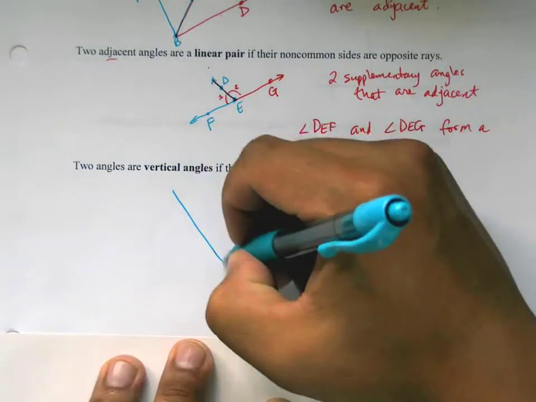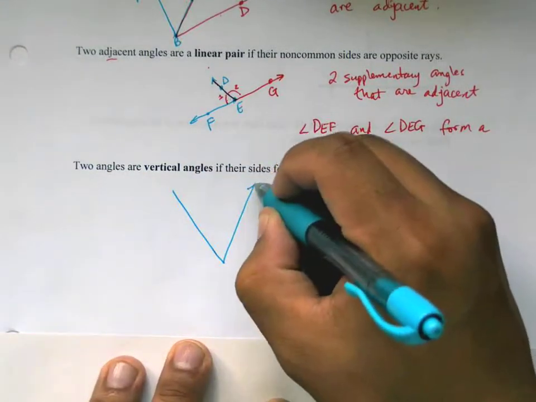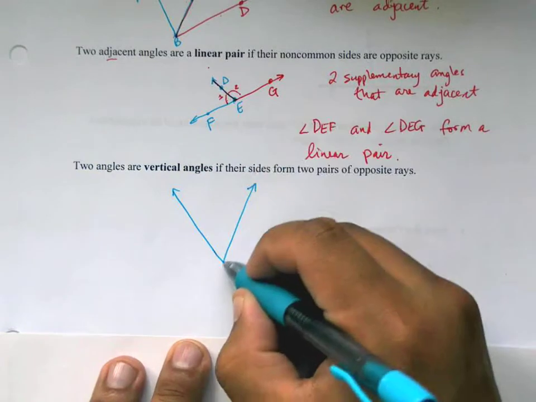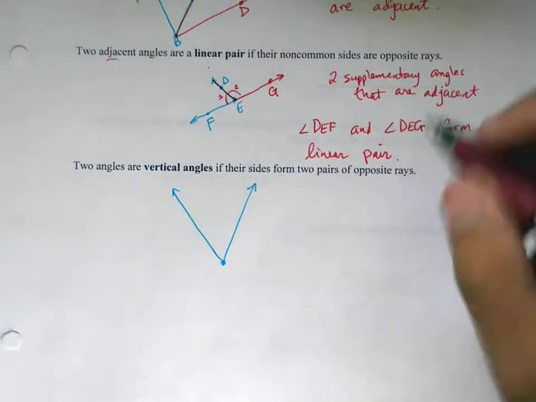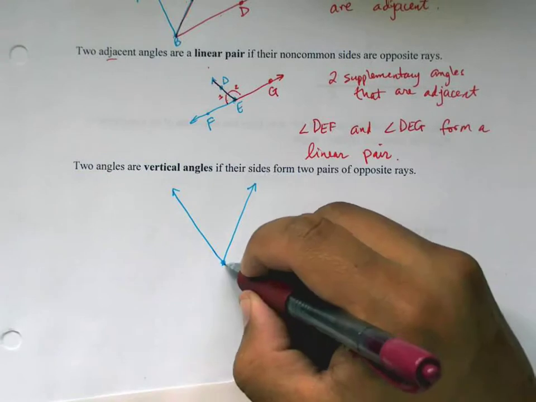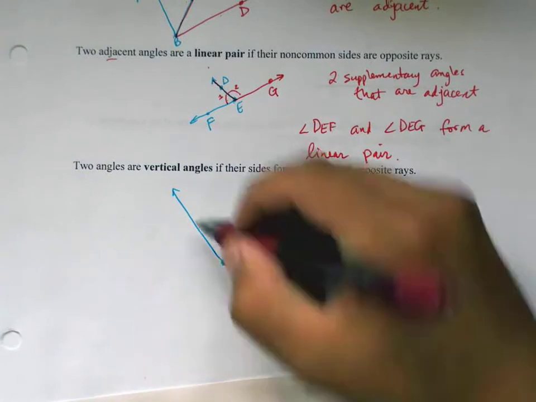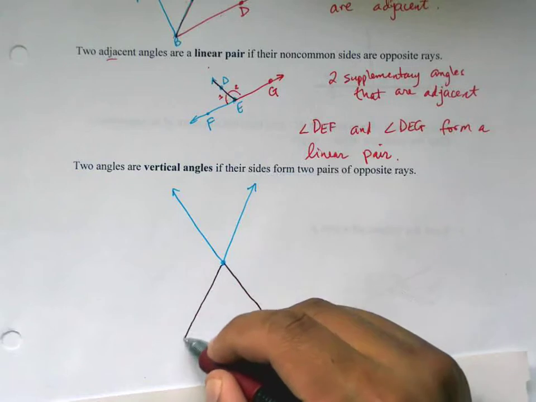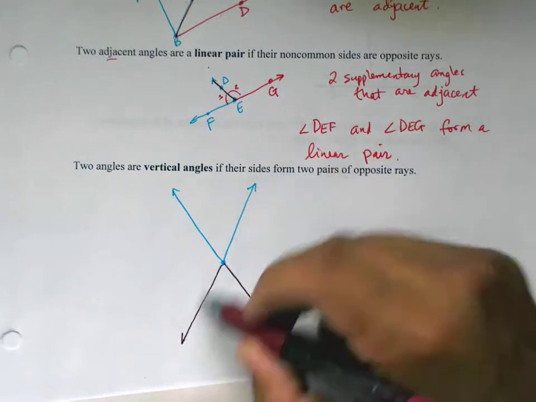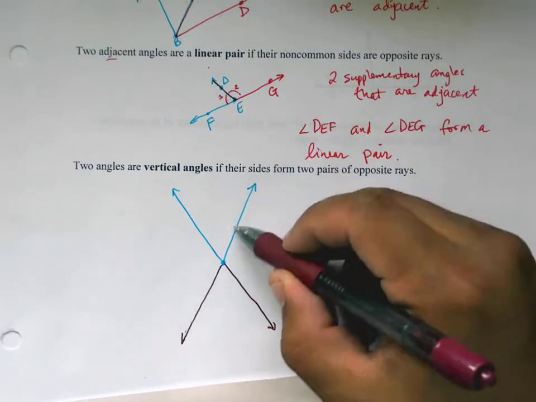You have this angle here, and then you have another angle. So they have to form opposite rays. These two here form an opposite ray, and these two here form this line here. This ray and this ray form an opposite ray.